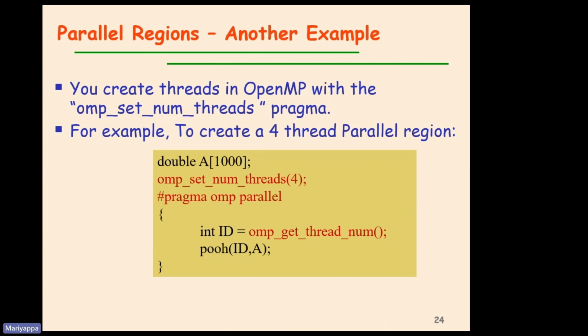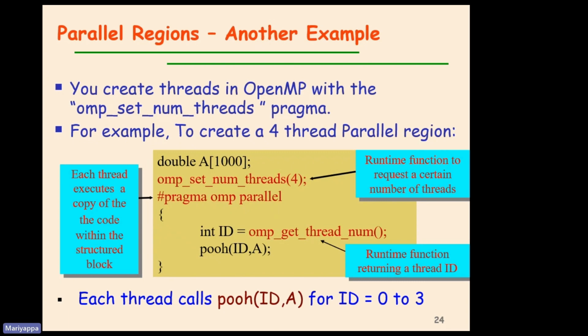So again, another example where each one of them is calling this function called foo, and they are calling it with the respective ID, because you can actually set the number of threads, and then each thread will get its ID by using this get number call. And everybody is going to execute this function called foo, right?